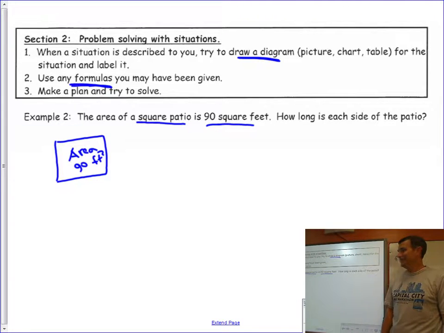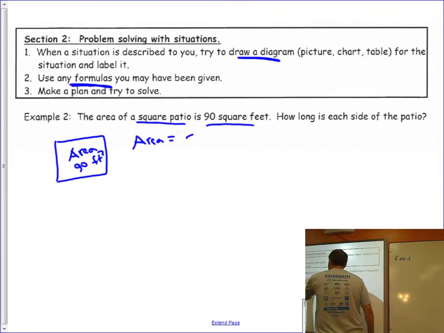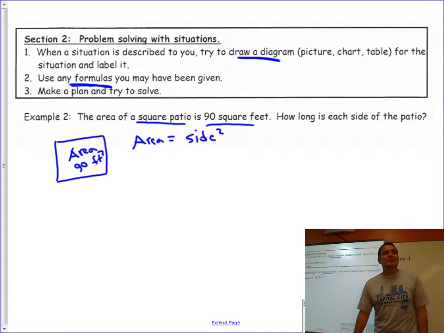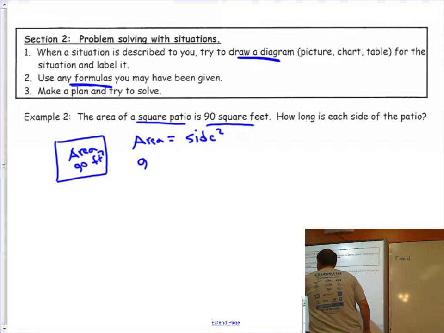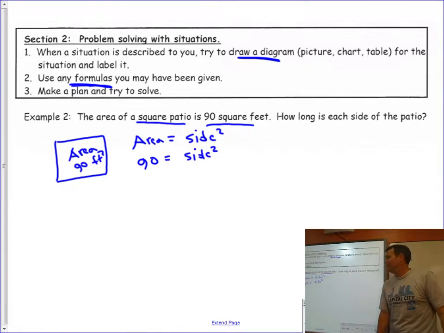And I know this one. I know the formula for the area of a square. The area of a square is equal to the side length squared. Well, I know the area is 90. So I need some number that when you square it, you get 90. That's just the square root of 90.